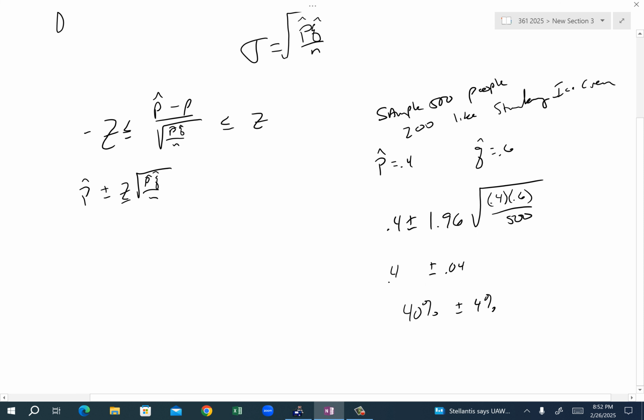Like strawberry ice cream, or it's the best, or whatever you want to say. Okay? That's it. Excuse me, there isn't a whole lot to it. Okay, so we'll do several other examples of it. But again, the key to remember is I don't know P and Q. Therefore, on this problem, I'll be using P hat and Q hat from the sample.